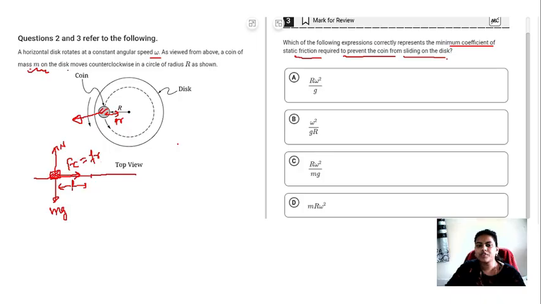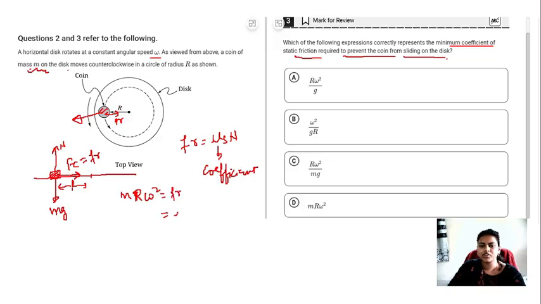And what is the frictional force? In this case, frictional force is equal to mu s into normal. What is this mu s? Coefficient of static friction. So I can write m R omega square is equal to the frictional force, mu s into normal.